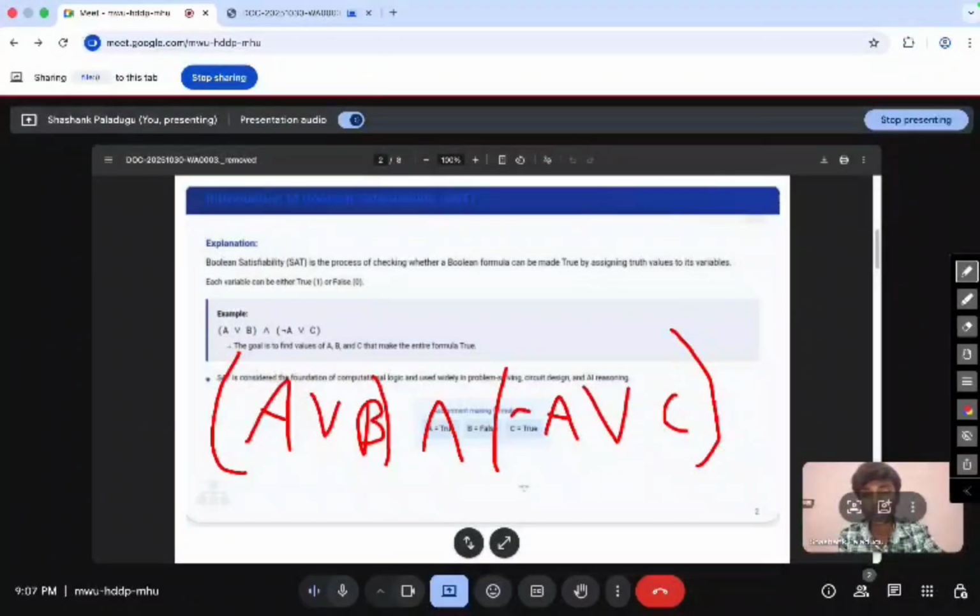What does this tell? (A or B) and (not A or C). Is that clear?